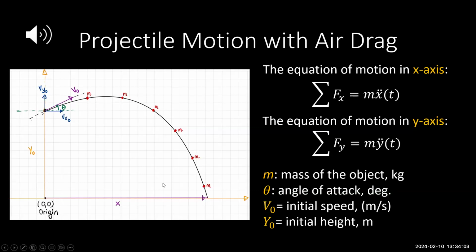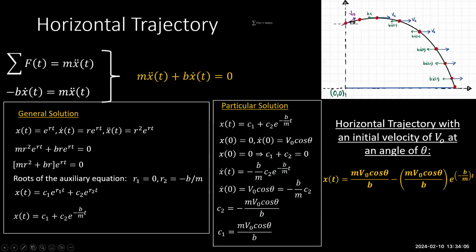Next, we broke down the vertical. Well, this is the complete breakdown of our horizontal trajectory. This shows everything for the differential equation, with us solving the general and particular solution for just the horizontal trajectory.